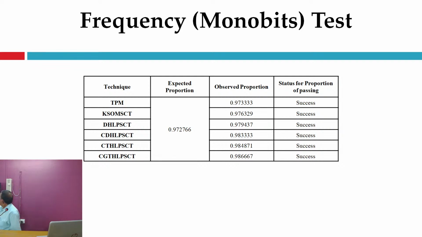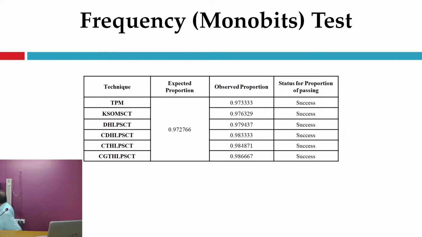For the frequency or monobit test, this is the expected proportion. If your observed proportion is more than the expected proportion, then your test is passed, otherwise your test is failed. It is defined by the NIST. It is not our algorithm. This is the test bed condition of the NIST.